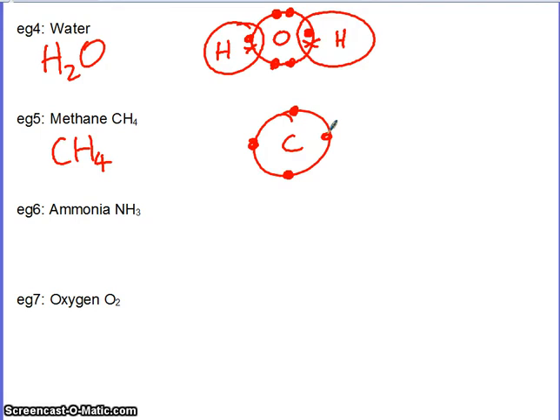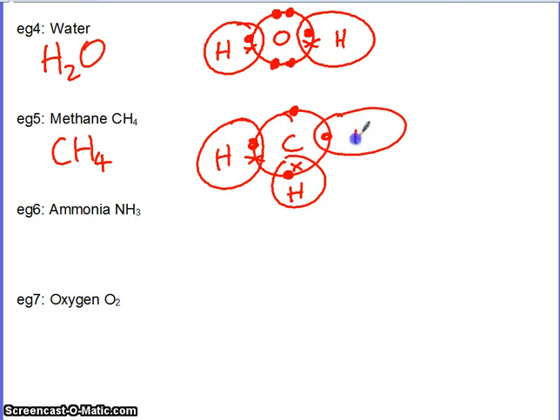And hopefully you're already picking up on the fact that the bonds, well, if we put one there, carbon now has 5 electrons. We put one there, it now has 6 electrons in the outer shell. We put one there, 7 electrons. We put one there, 8 electrons. And therefore your carbon has completed its outer shell. It's met its life goal.